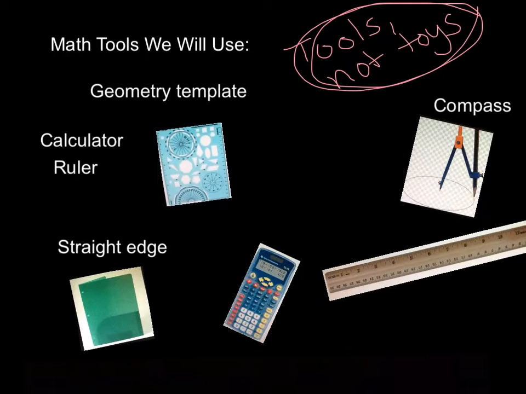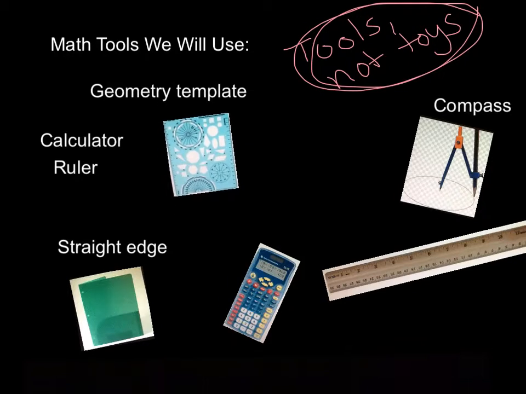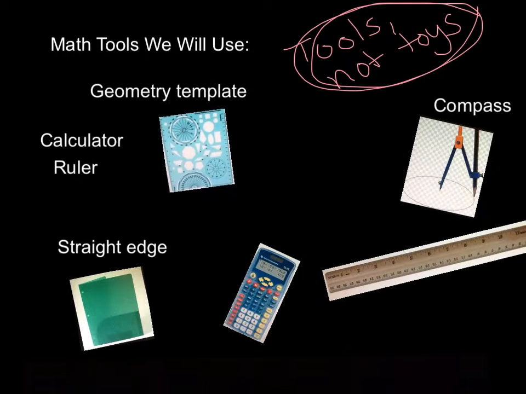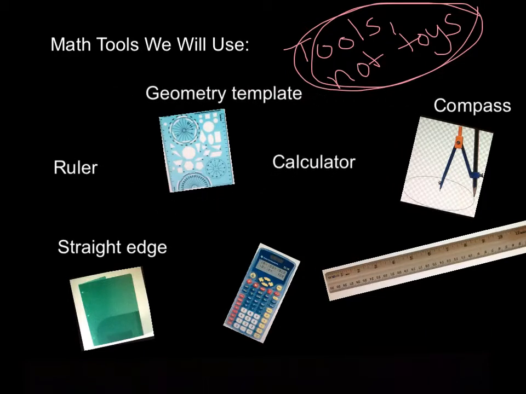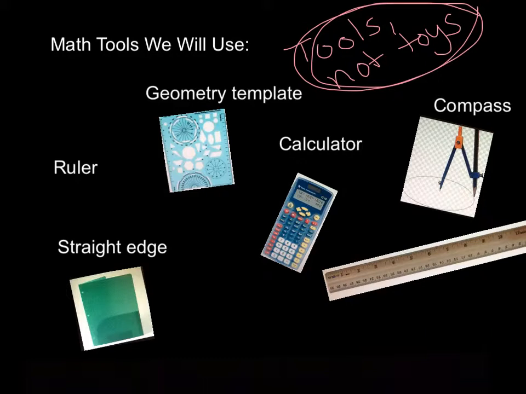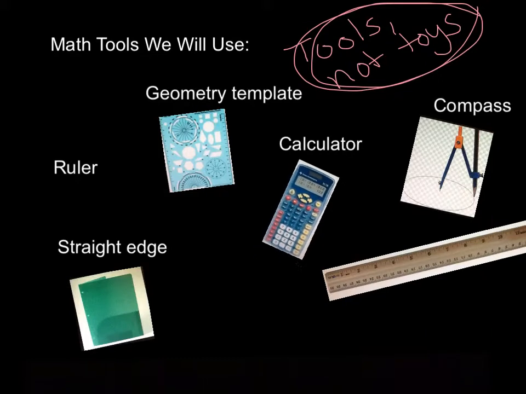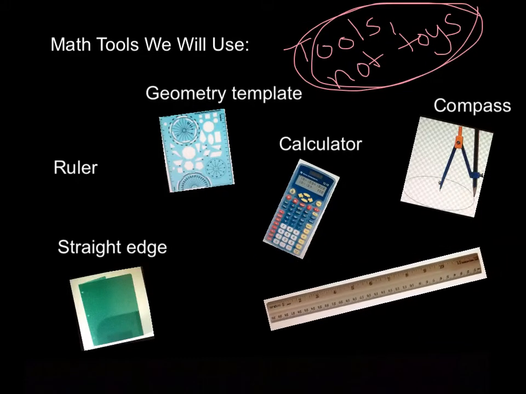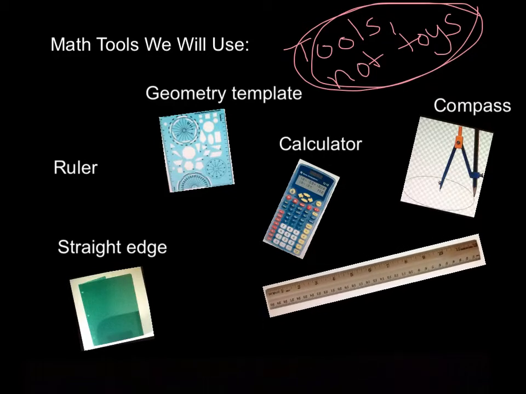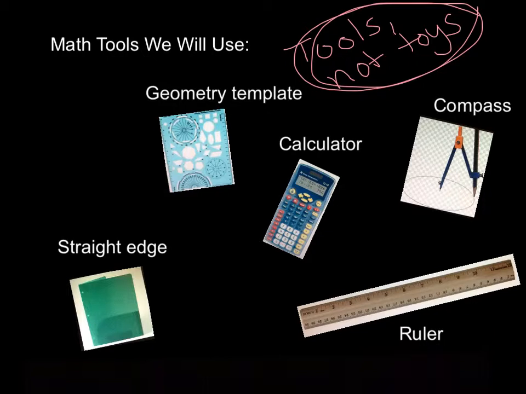It has a protractor on, and it has a ruler on the side. This is also an example of a straight edge. The calculator we use in 4th grade and you will use in middle school looks like the one up on the screen. It's important that you do have one of these to use. And lastly, a ruler, another example of a straight edge, is a tool that we will be using.